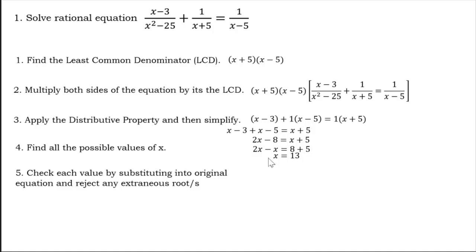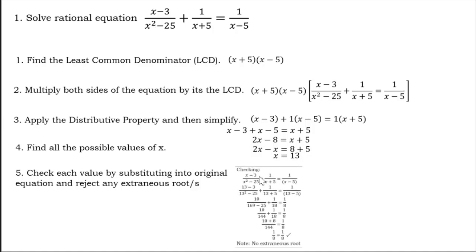If there is an extraneous root, meaning the two terms do not balance, we reject it. It is not included in our solution. Okay? Let's check by substituting the value of x, which is 13, into our original equation.